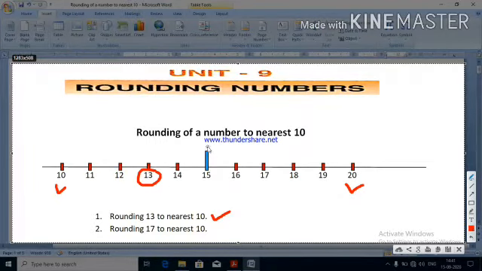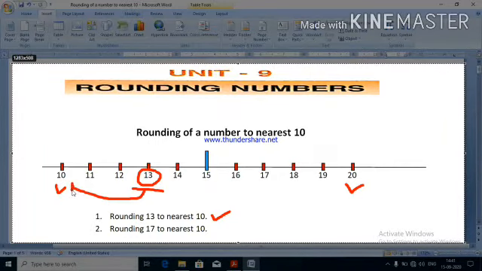But if 15 is in the middle of 10 and 20, 13 is very near to which number? 10. So the rounding of 13 to the nearest 10 is 10.